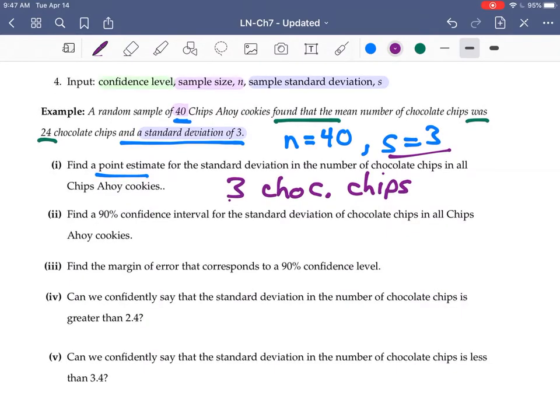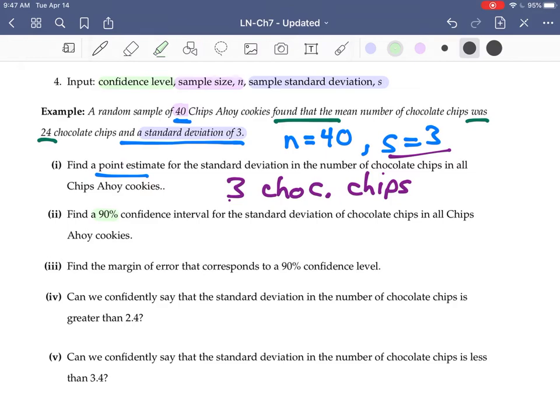Next, we're asked to calculate a 90% confidence interval for the standard deviation of chocolate chips in all Chips Ahoy cookies. Remember, our sample size is 40, and S, the sample standard deviation, is 3.